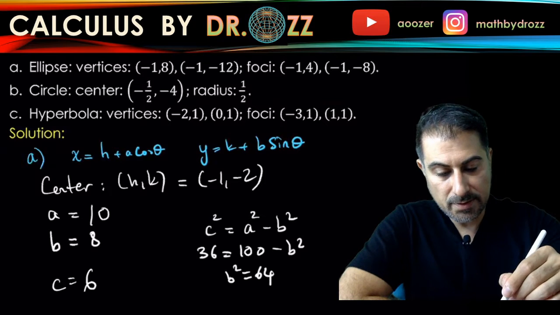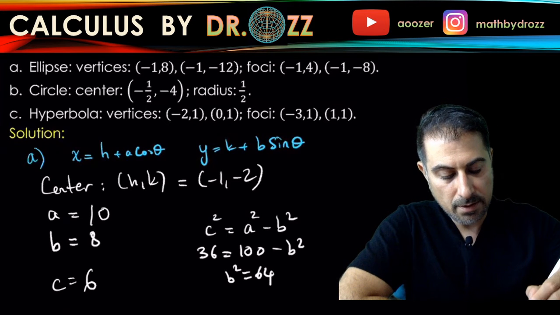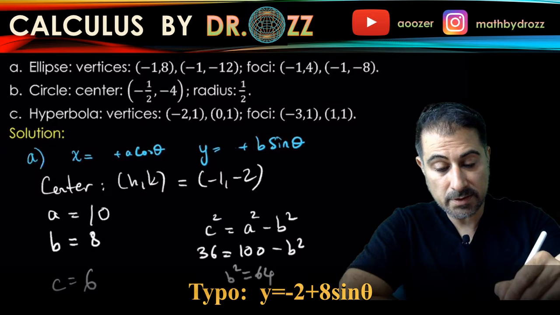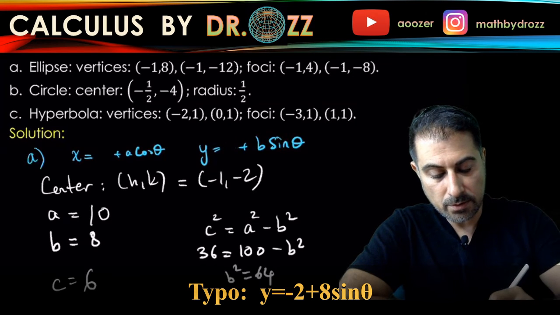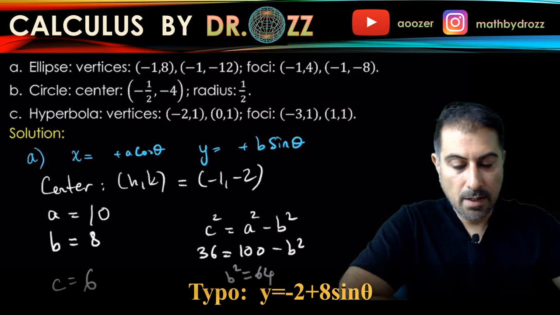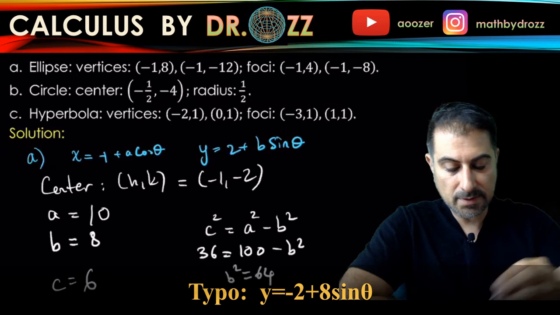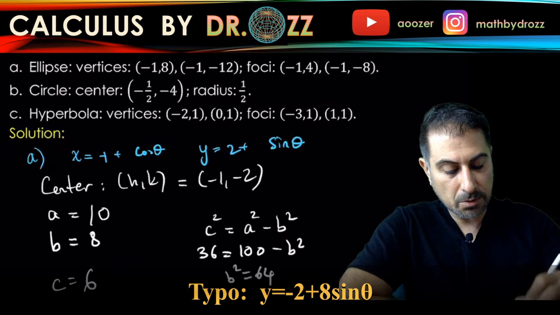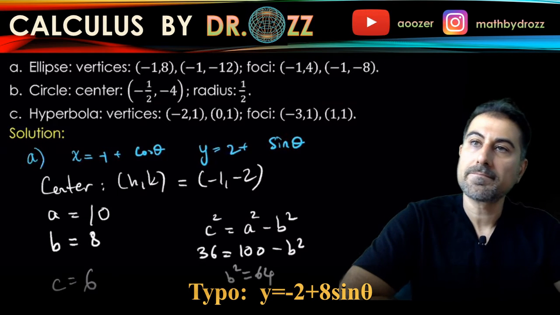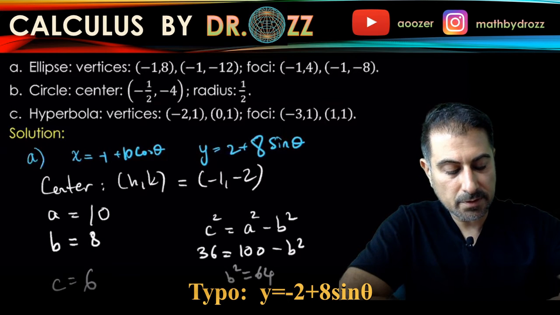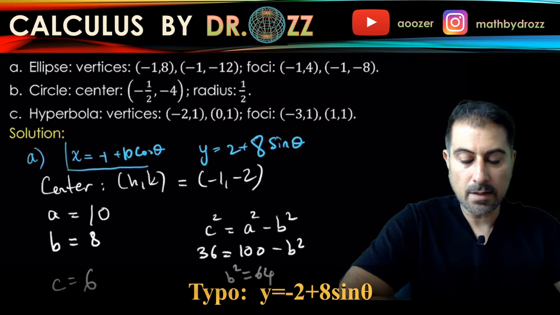I'm going to place h and k back in here. These are the x and y coordinates of the center, so these are -1 and -2. And I know a and b, so I'm going to plug those in as well. So a is 10, and b equals 8. And this is the parametric representation of the ellipse.